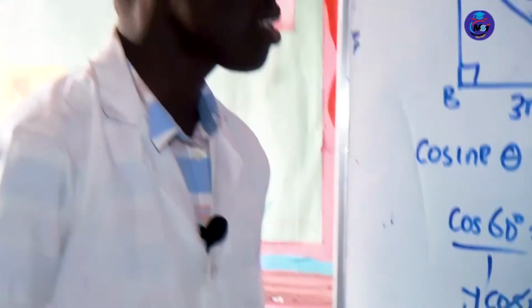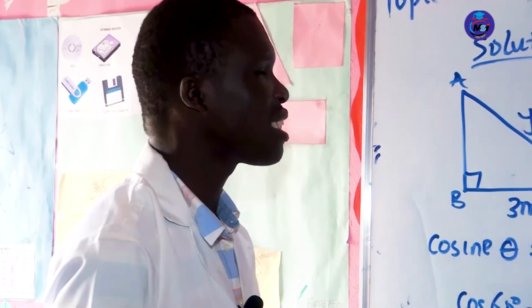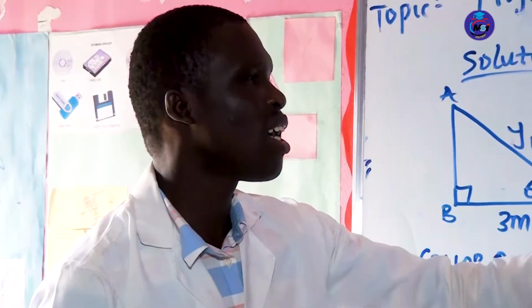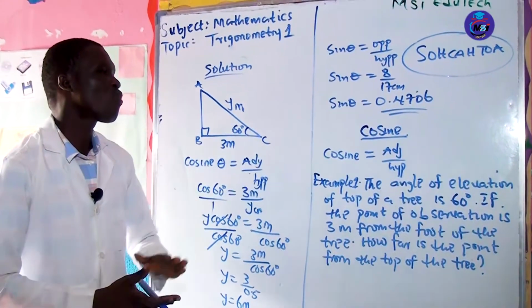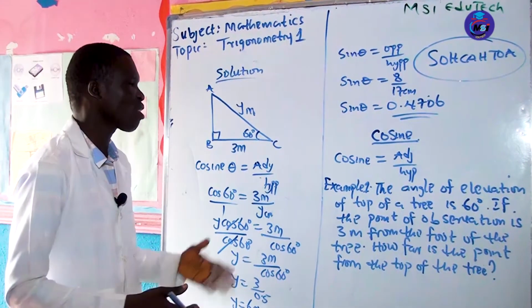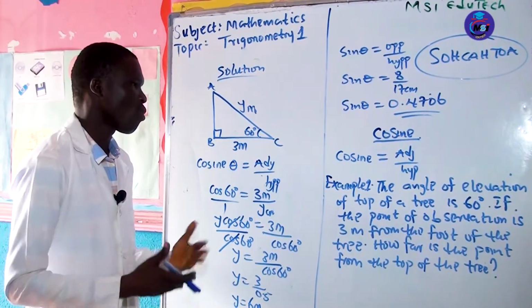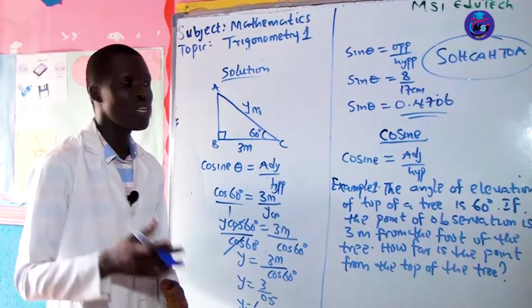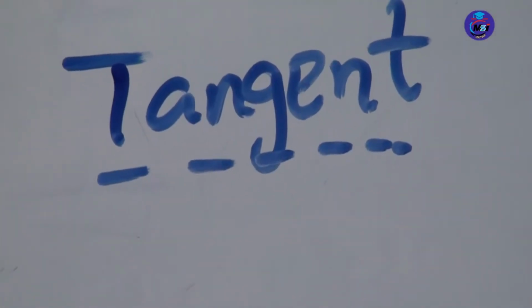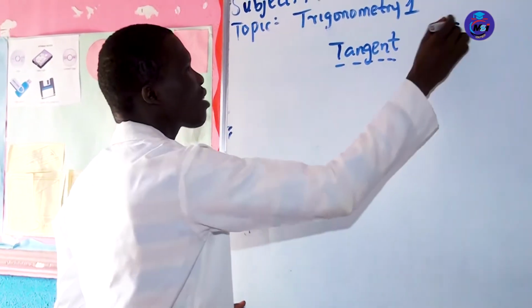Okay, now let me give you an example where you have something like this and they ask you to find the value of theta, and remember the theta is talking about the angle. What are you going to do? So that will lead us to tangent. Okay class, we want to look at tangent. Remember SOHCAHTOA.